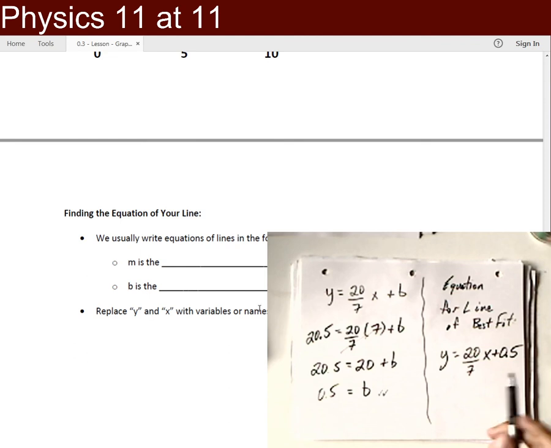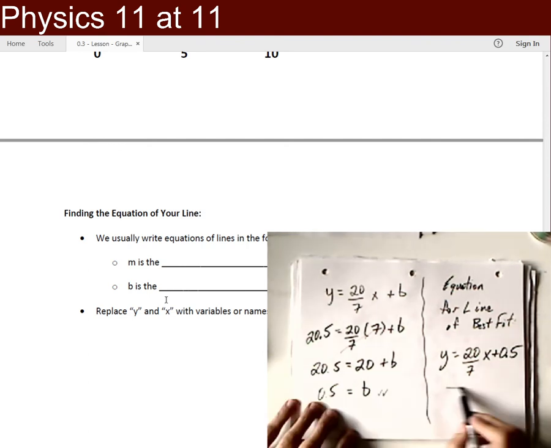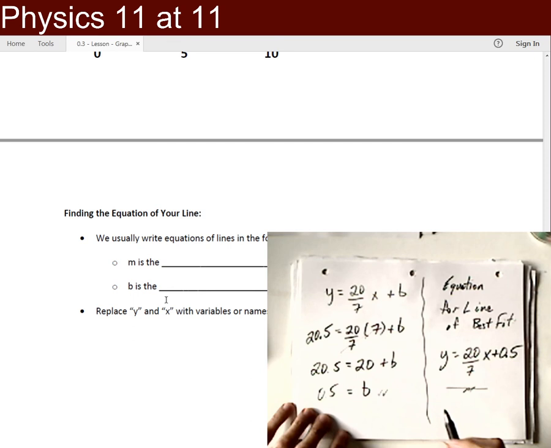Just don't leave it as x and y. Put the variables in that fit the experiment or the equation. Okay. Now, I see there's 3 blanks here that I just got into the equation. I like that better. But let's fill in the blanks here.